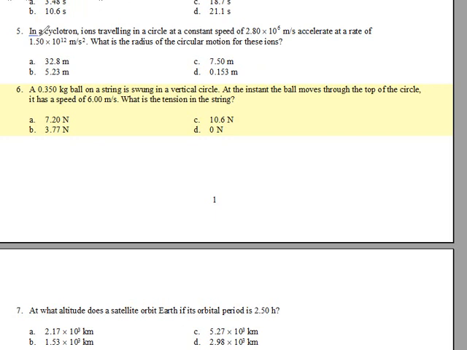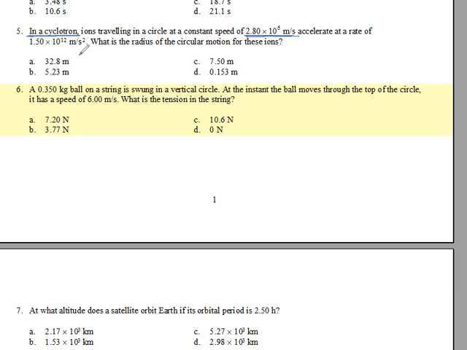Okay, cyclotrons are what you're going to see in this unit pretty soon. This is a device where you take a charged particle, like an ion or an electron, throw it into a magnetic field, and you can get it to run around in a circle. And they follow the same formula as anything else we do, except they're blindingly fast, and the accelerations on them are usually quite high.